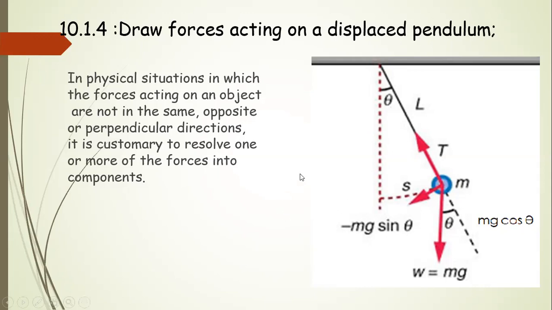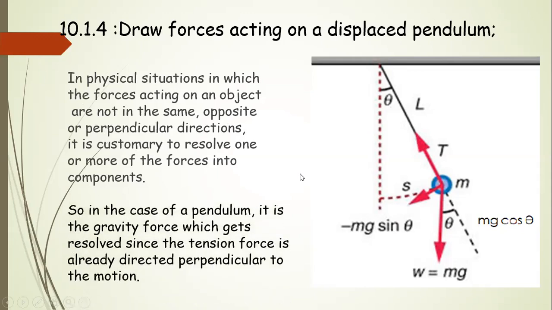So we are going to resolve mg into two components, as you learned earlier in class 9, resolution of vectors. Weight is a vector, so one component is mg cos theta and the other component is mg sin theta. Now you can see why we place a minus sign over here. You know that the restoring force is always taking the bob toward the mean position. Displacement and restoring force are always in the opposite direction, so we take a minus sign just to show the direction.